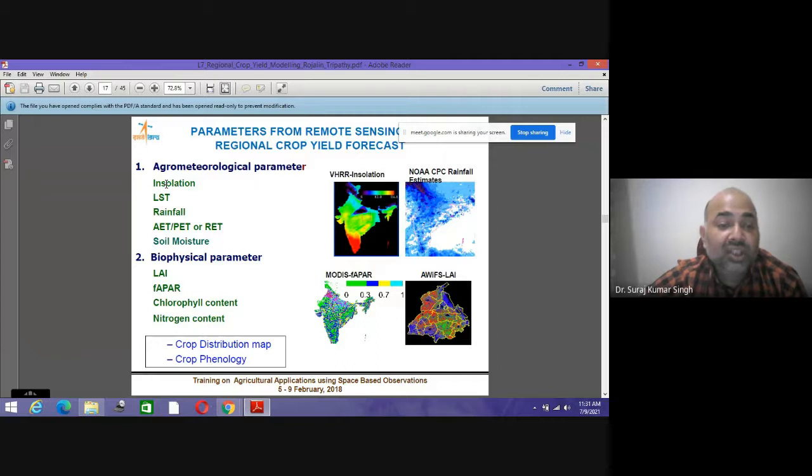So those are insolation, land surface temperature, rainfall, actual evapotranspiration, then potential evapotranspiration, soil moisture, and the biophysical parameters: leaf area index, chlorophyll content, nitrogen content.